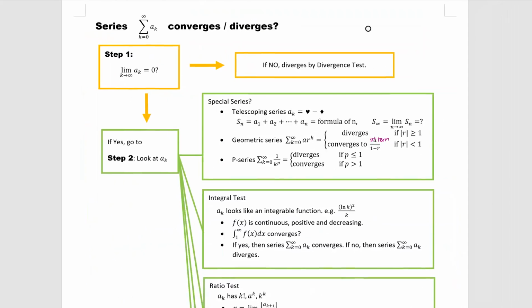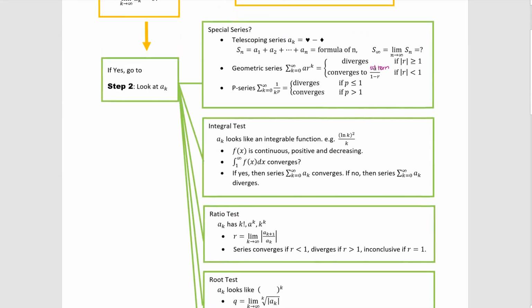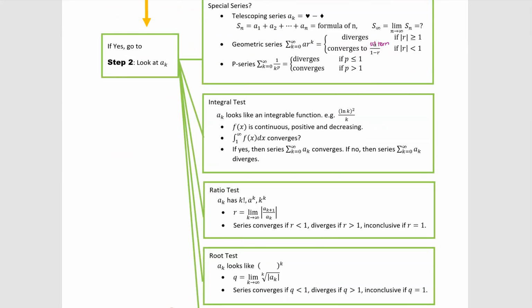And then another special series is the p series. It looks like the series of 1 over k to the p. If p is less than or equal to 1, the series diverges. If p is greater than 1, then the series converges. Okay, and then next, the integral test. Does a sub k look like an integrable function?